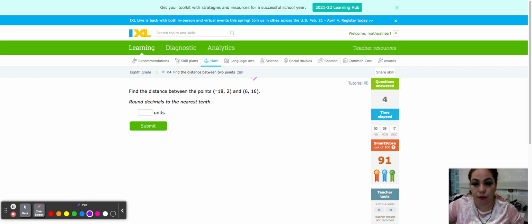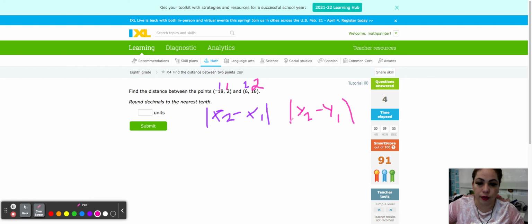All right, I'm going to pick color purple for the X value 1, X value 2, and then Y value 1 and Y value 2. So for the X, we're going to say X2 minus X1 absolute value. And then for the Y, we're going to do Y2 minus Y1 absolute value.